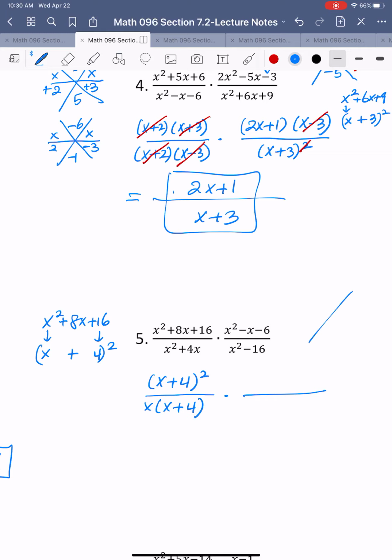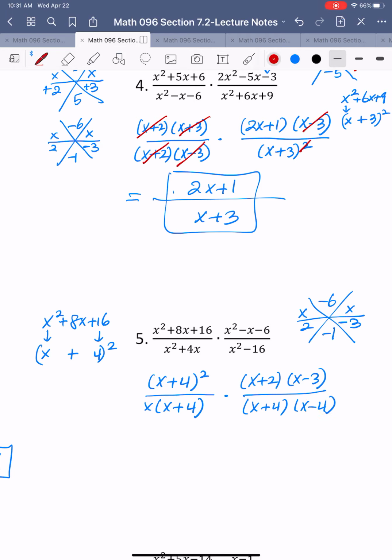And then this one we need the X factor for the x squared minus x minus 6. So negative 6 and negative 1 and x, 2 and 3. And this must be negative to get negative 1 as a sum. So you got x plus 2 times x minus 3. And then x squared minus 16 is a difference of 2 squares. So you need to pull x plus 4 times x minus 4.